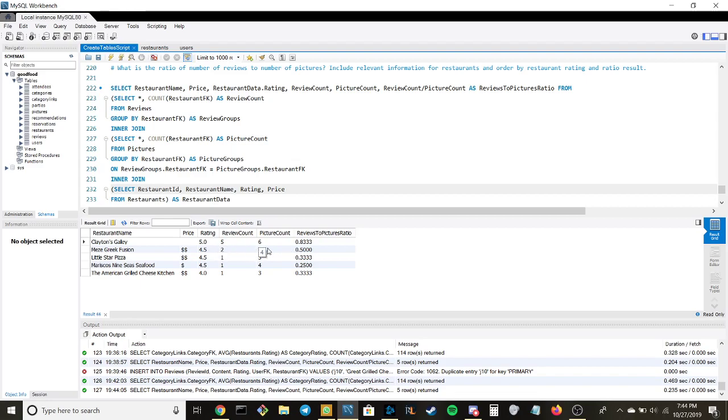So this data kind of tells us that if a restaurant has a lot of pictures and reviews, then it will generally have a higher rating, but also, if the ratio between the two is large, then it will also coincide with the higher rating. So more reviewed and photographed restaurants are more popular.